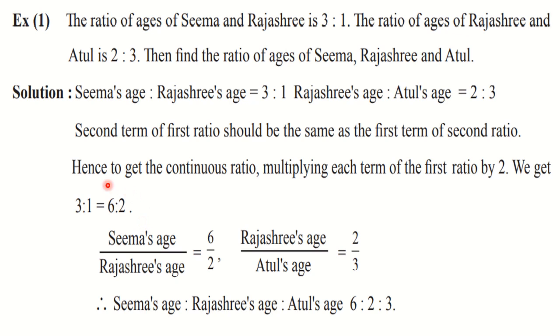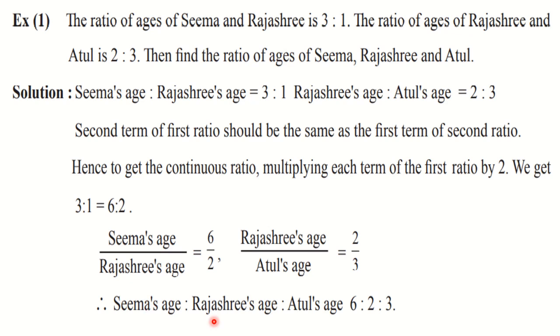Now you will find that here we have 6 is to 2 and here we have 2 is to 3. So see, this first number and this second number are the same. Seema's age upon Rajeshri's age is equal to 6 upon 2 and Rajeshri's age upon Atul's age is equal to 2 upon 3. Now we can write the ratio together for all three persons.